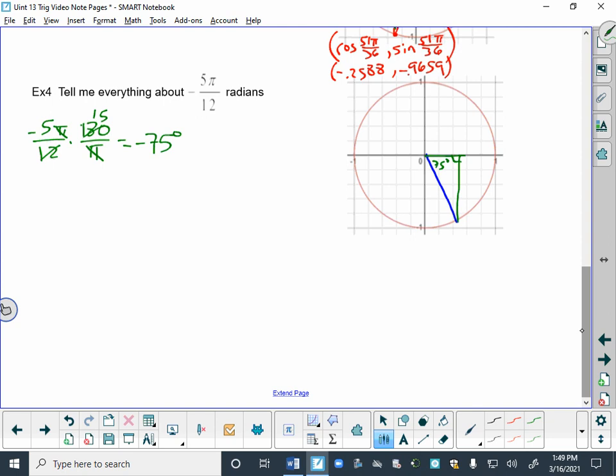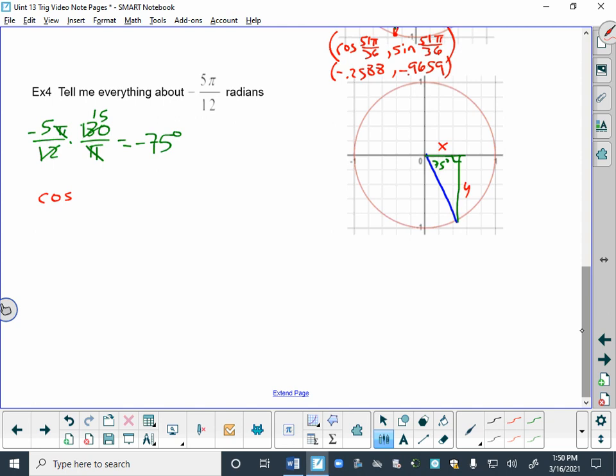Because I am in the 4th quadrant, I expect my x-coordinate will be positive and my y-coordinate will be negative. And if I am trying to find those, the x and the y, the x is still the adjacent side, so that is cosine.